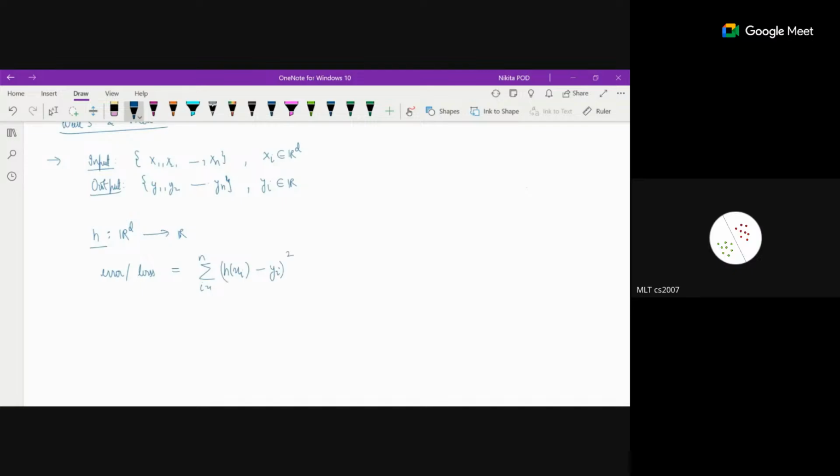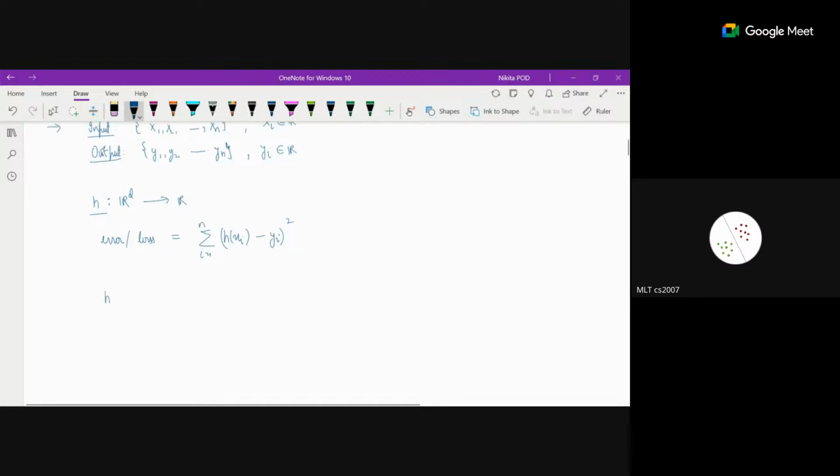Okay? This is what we do. When we are talking about linear regression, we are talking about the linear structure. Basically, we want to look in the linear space. So there we define our h of xi in linear regression as w transpose xi. And this is what we define.